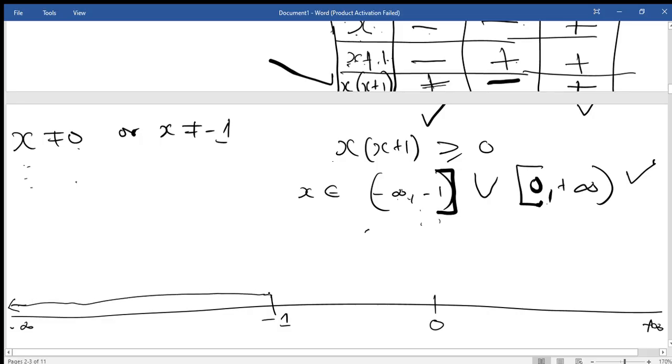It will be an open bulb. When I continue, when I reach 0, I have to jump this point. It should be an open bulb. And then I can continue to +infinity. This is the solution which we are talking about, which is sketched there.